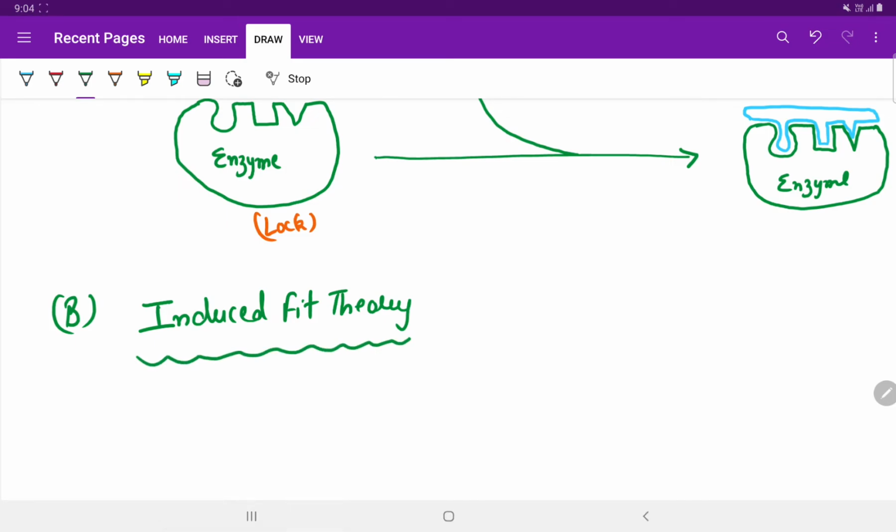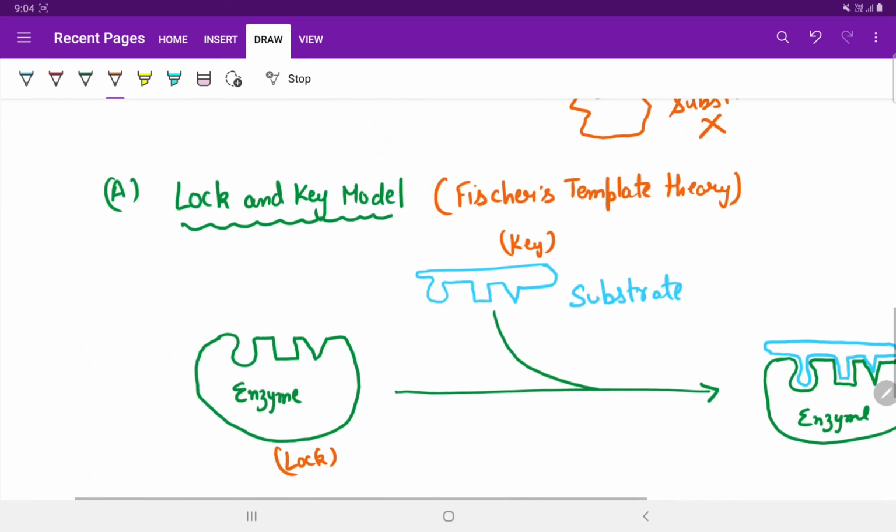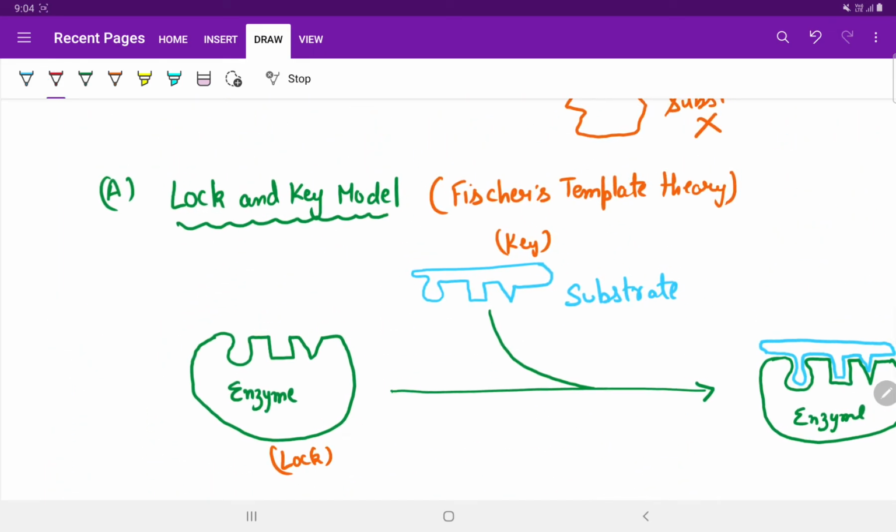Koshland in 1958 proposed a more acceptable and realistic model for enzyme substrate complex formation, known as Koshland's model. In the Fischer's theory, it was considered that the active site of the enzyme is rigid.